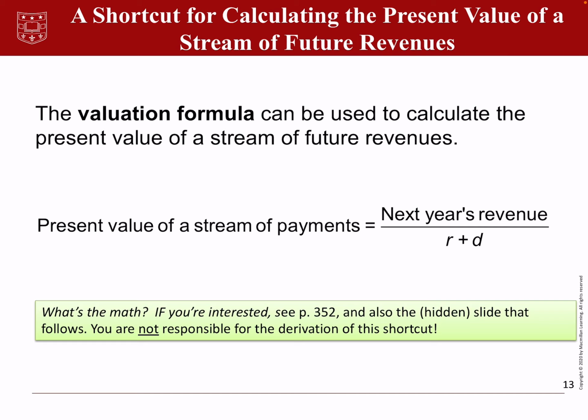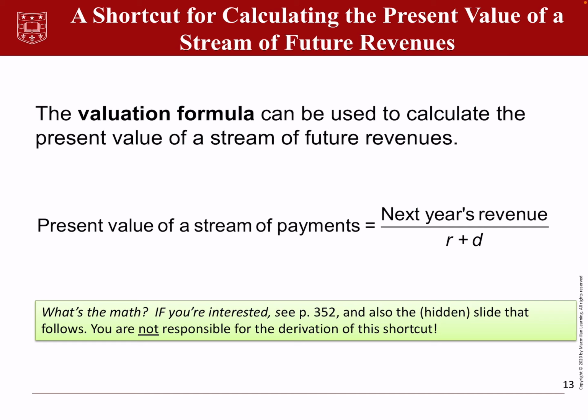The specific things that are key to this problem, and will always be key to these sorts of problems in Econ 1021, is that we have a constant real amount of revenue which is only declining at a constant rate. The $30,000 was only declining because of depreciation, and depreciation itself is fixed. And so in that particular case, the shortcut way of figuring out the present value of a stream of returns is to use the valuation formula.